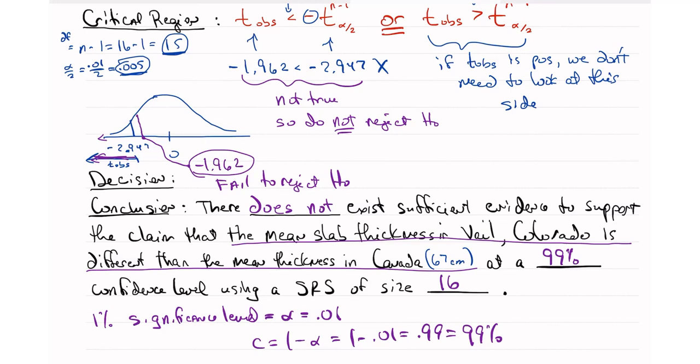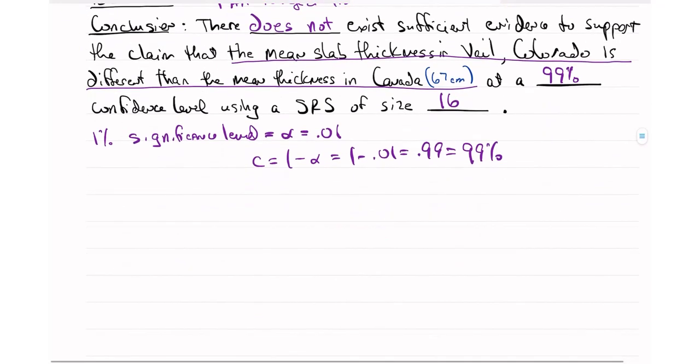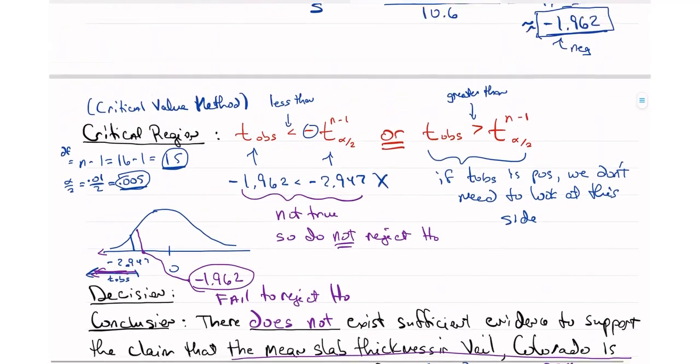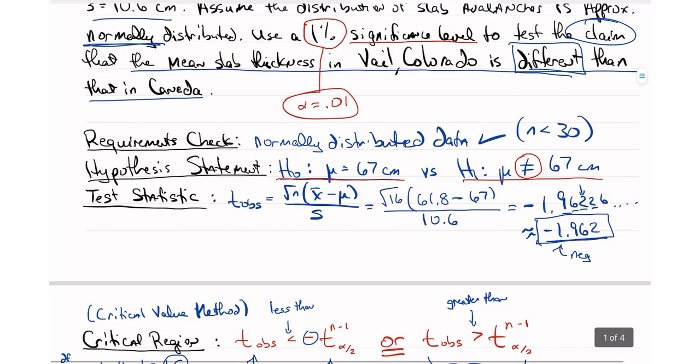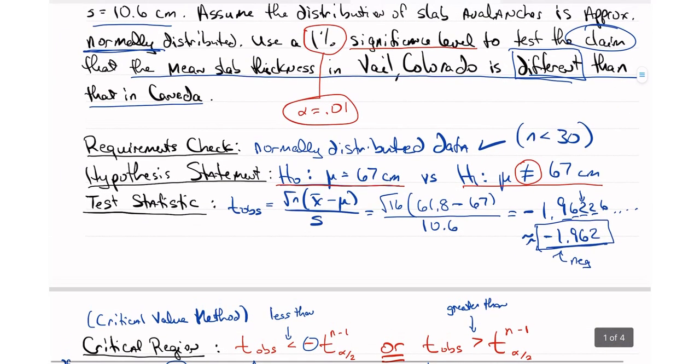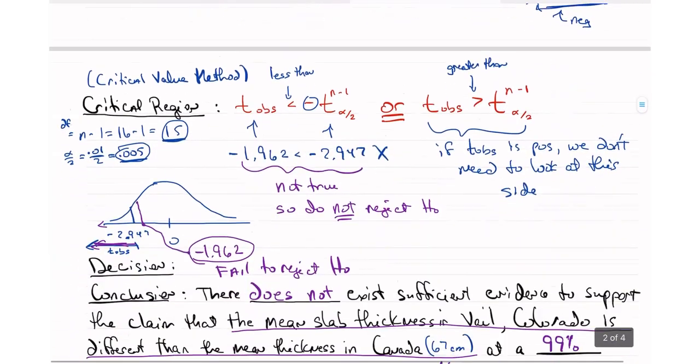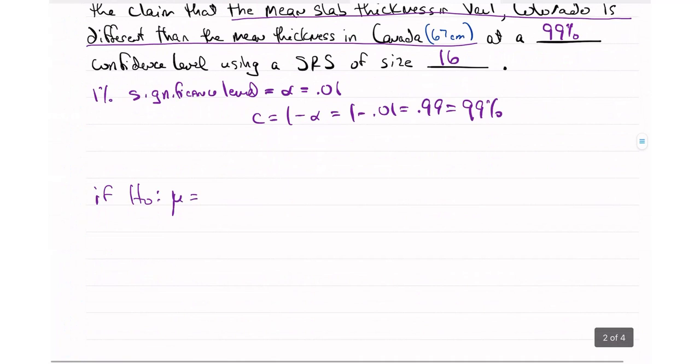Now the difference is if we have mu equals 67 centimeters versus not equal to, and we had less than.